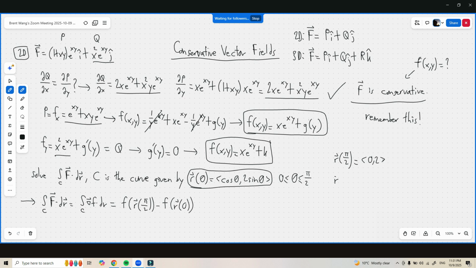And r of 0: cos 0 is 1, and 2 sine 0 is 0, so (1, 0). So this is equal to f of (0, 2) minus f of (1, 0). You can ignore the k in this particular case. f of (0, 2) is equal to 0, minus 1 times e to the 0, which is 1, so it's equal to negative 1. So this is the value of the line integral.